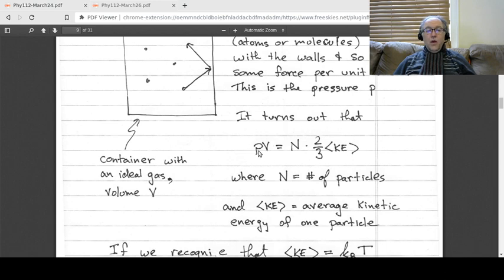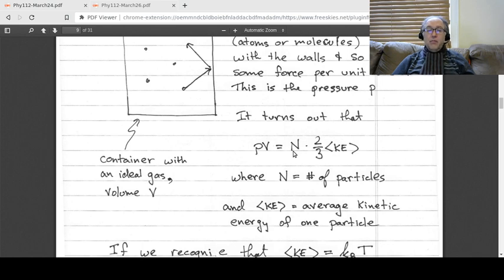It's PV, where P is the pressure of the gas and V is the volume of the container, equal to N, where capital N is the number of particles in this gas. You literally count them. And you go, well, how can you count all those particles? We don't count each one individually, but we have some idea of the number of particles in that gas from other means. And then it's multiplied by 2/3 times the average kinetic energy of any one of the particles.